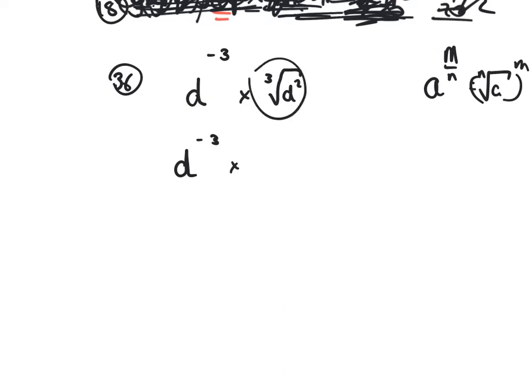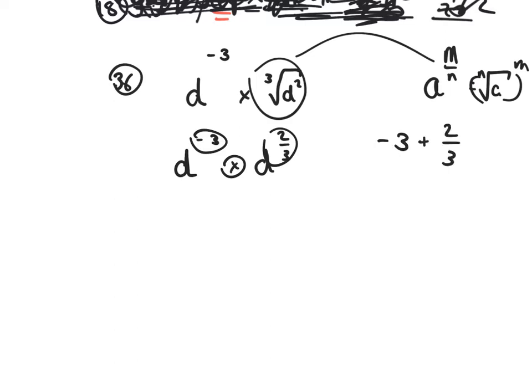So I can now convert that to d to the 2/3. I'm then adding these powers together. So I've got minus 3 plus 2/3. Well, I can think about that as minus 9/3 plus 2/3, which is minus 7/3. d to the minus 7 over 3.